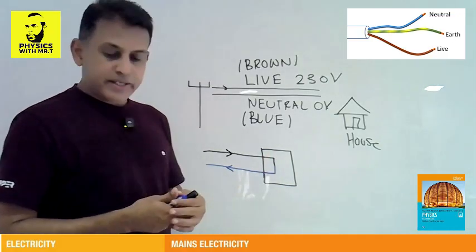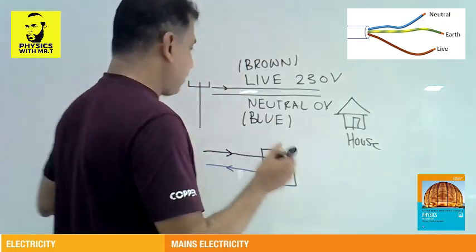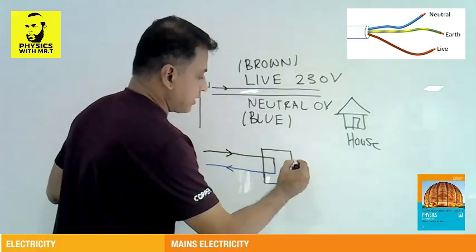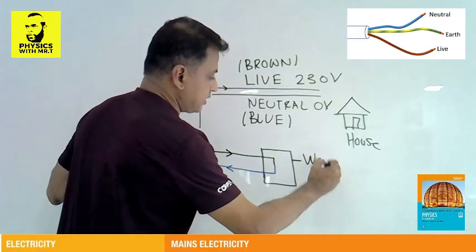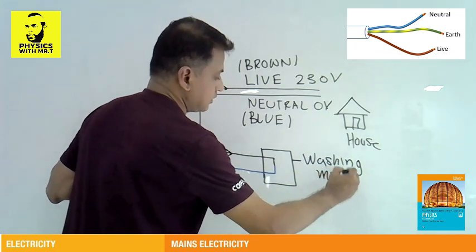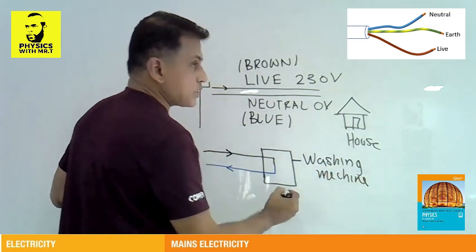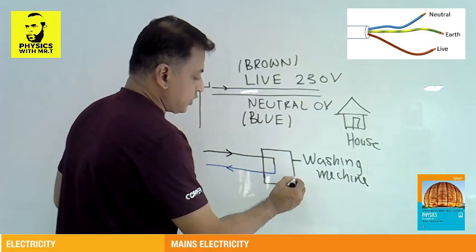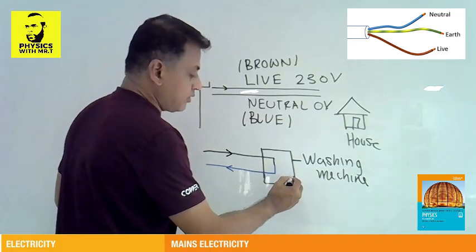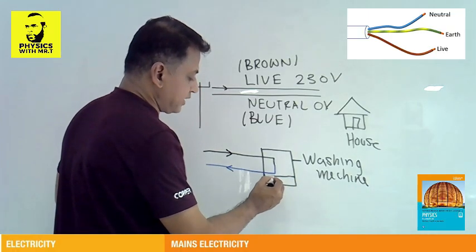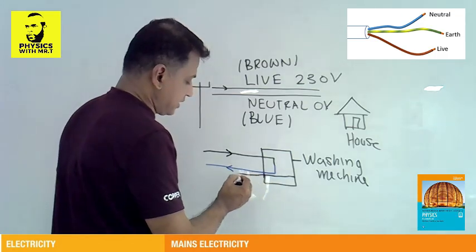And there is another wire attached. Let's say this is the washing machine. Then we have another wire. This wire is attached to the metal cover of the washing machine, and this also finally goes to the circuit.